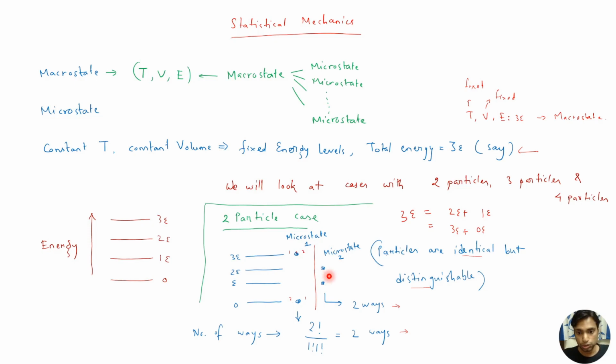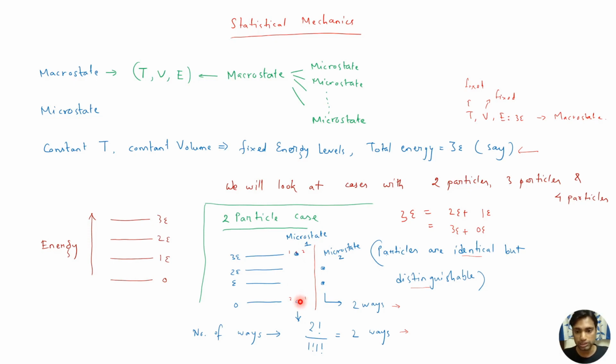Now, the particles we are considering are identical but distinguishable. Identical means the properties of both particles are the same, but we can identify that this is particle 1 and this is particle 2, even if their positions interchange.